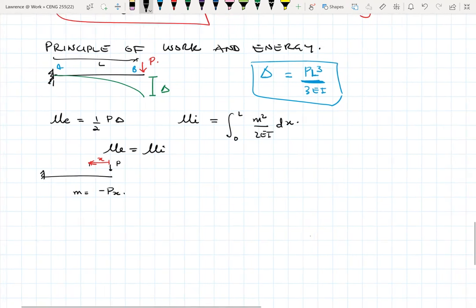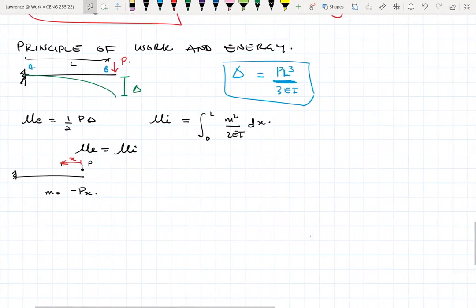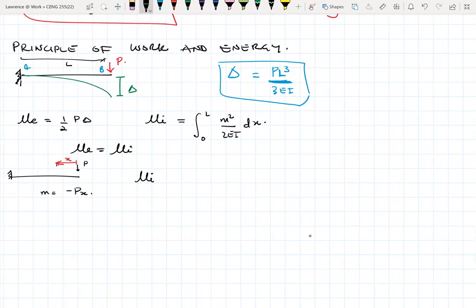Based off of that, my internal work done, Ui, from 0 to L, is the integral of minus Px all squared over 2EI dx.